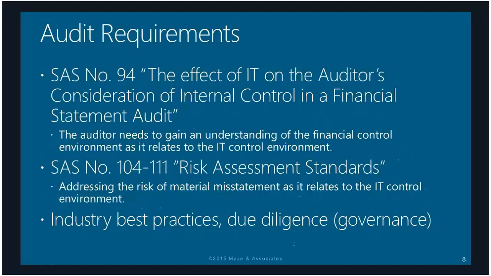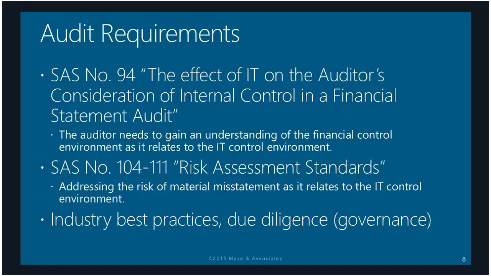So in addition to that, there's audit requirements. Some of the audit requirements, specifically Statement on Auditing Standards number 94, says that the auditor needs to consider the IT control environment. And basically what it's saying in that statement is that we need to gain an understanding of the IT control environment and the financial control environment and see how they relate together.